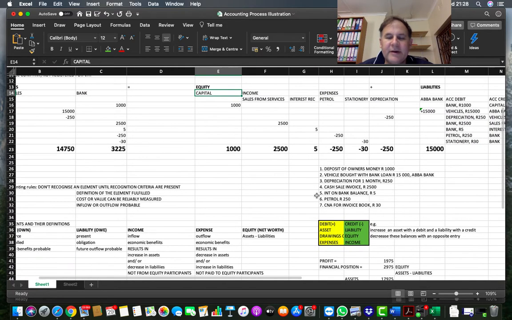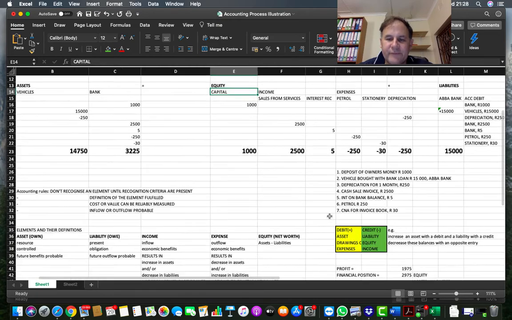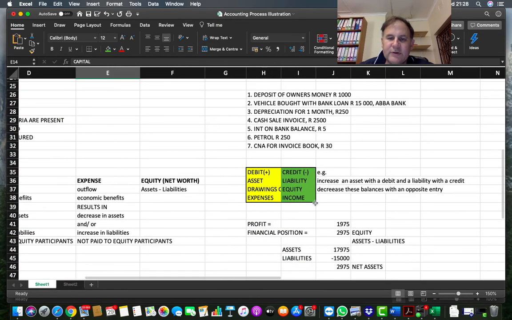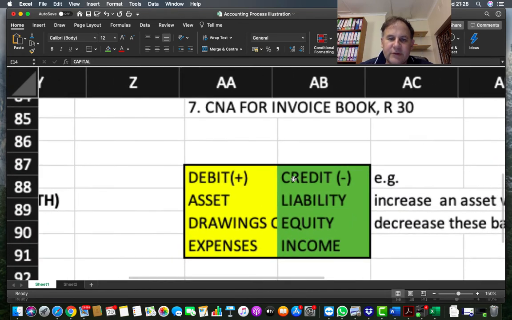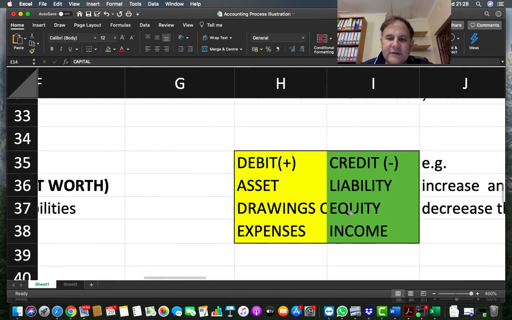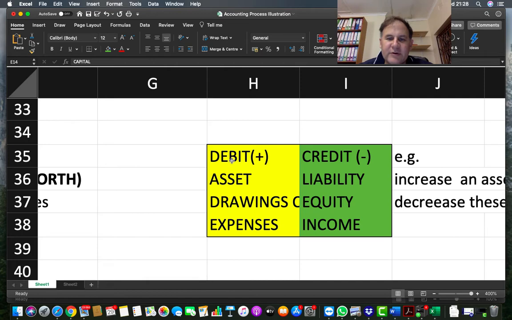Next step is to go and have a look quickly at this rule over here. When you look at this rule, you can see on the left hand side you've got the word debit, on the right hand side you've got the word credit. Now, I'm not into mnemonics and things here. This is easy to remember. You just have to commit it to your mind.